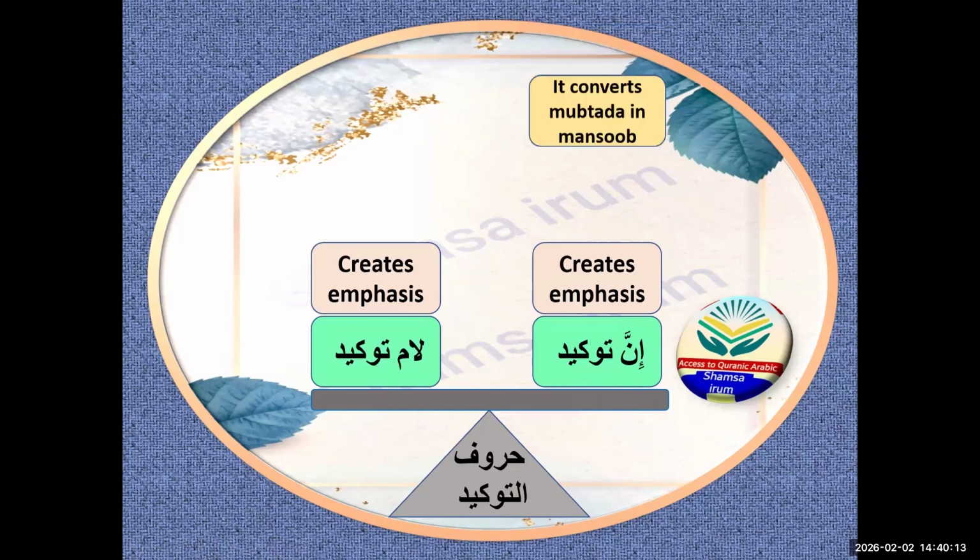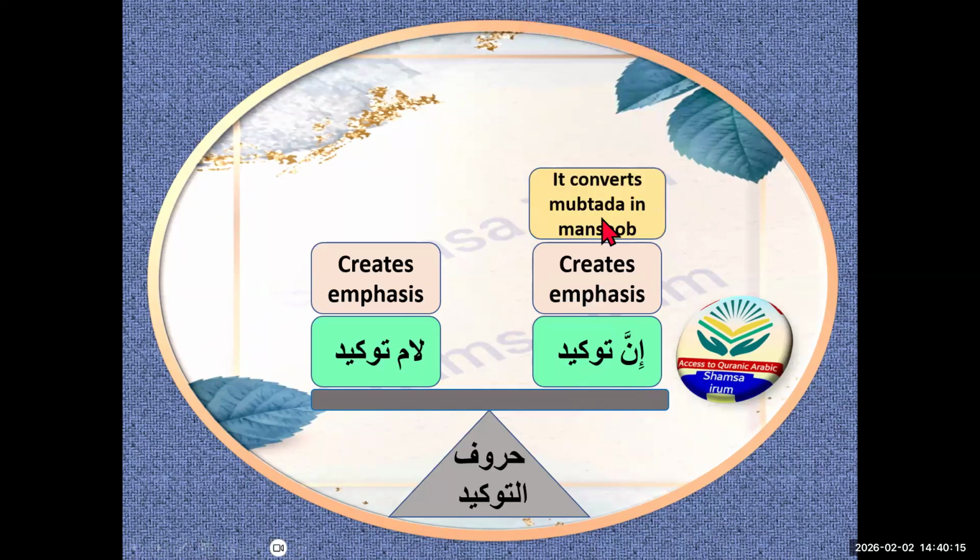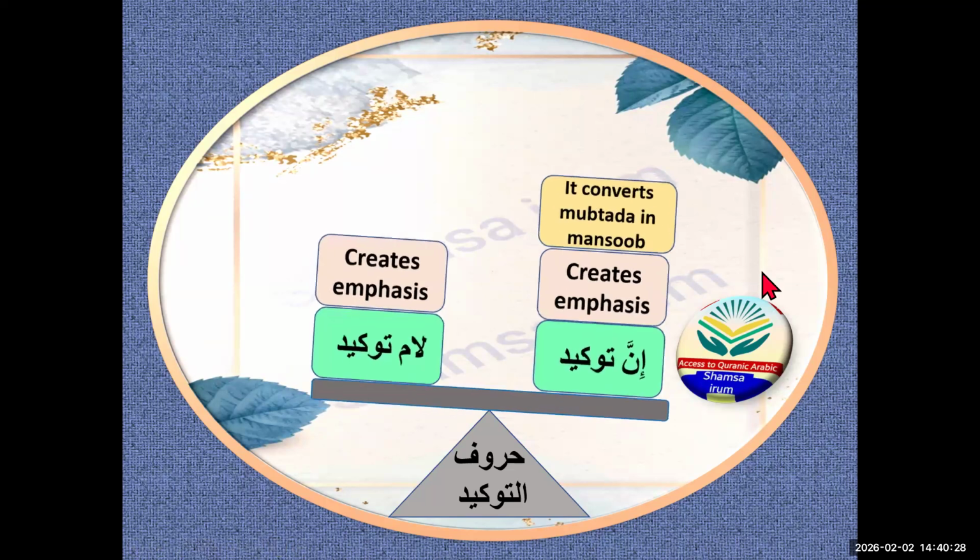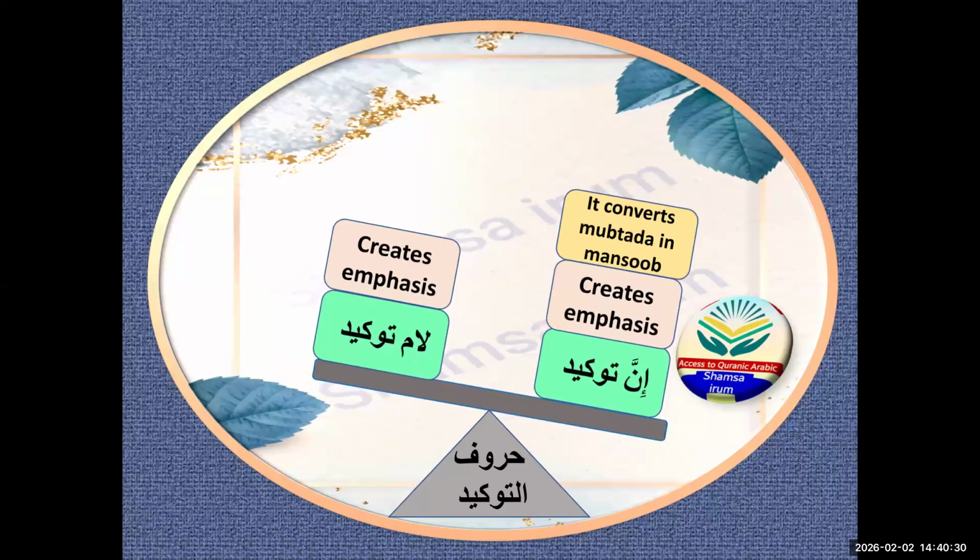I convert the mubtada from nominative to accusative, into a mansoob status. That's why I am more powerful and more effective than you. This is the reason that I have the upper hand on you. So this is the reason that inna has the authority to lead the sentence.